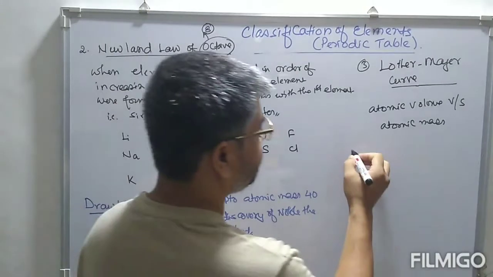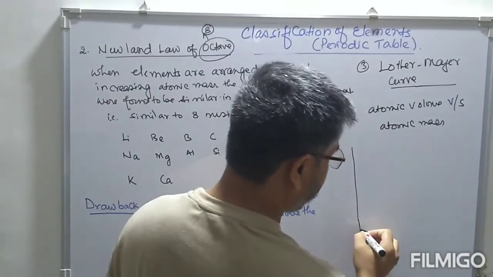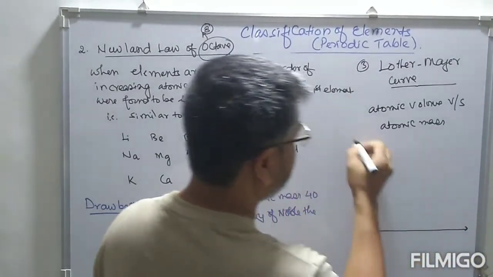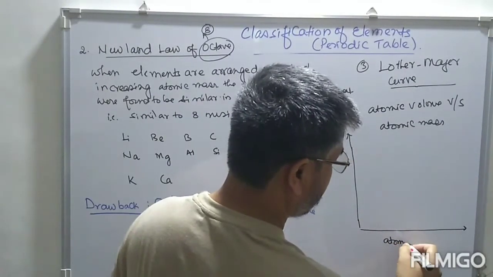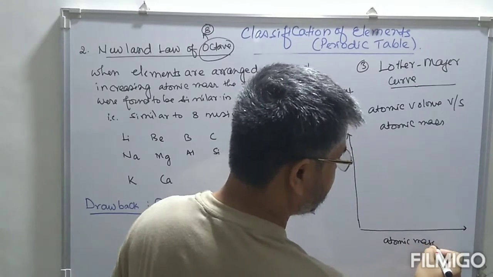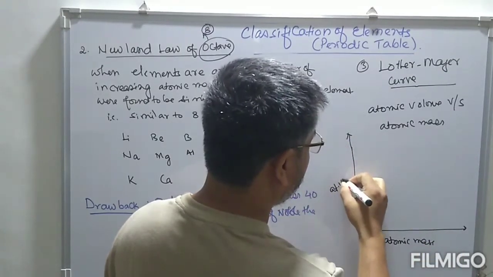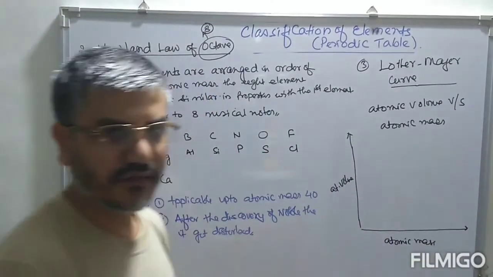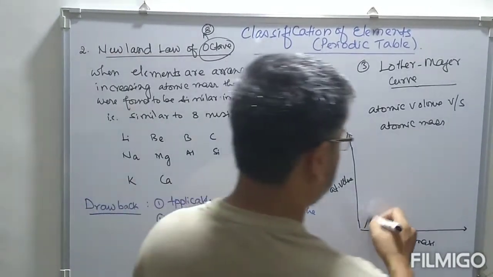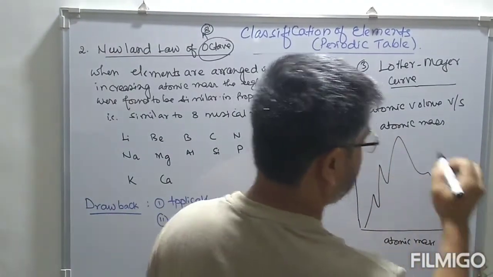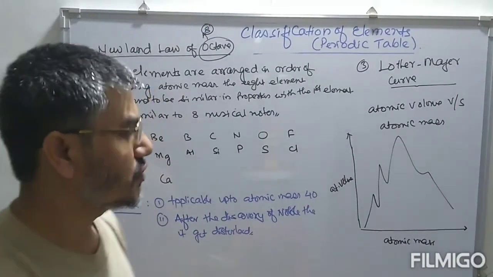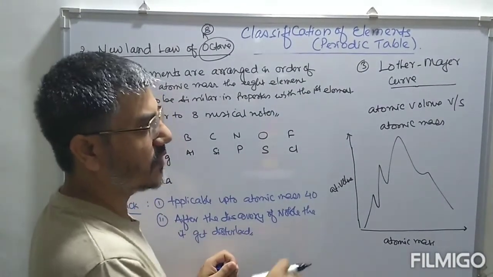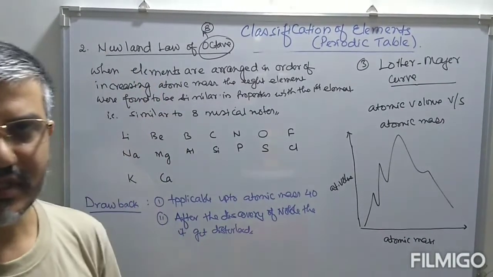So when we made a graph or a plot between the atomic volume and the atomic mass, he found such type of graph. So the similar positions of the graph were occupied by elements having similar properties.